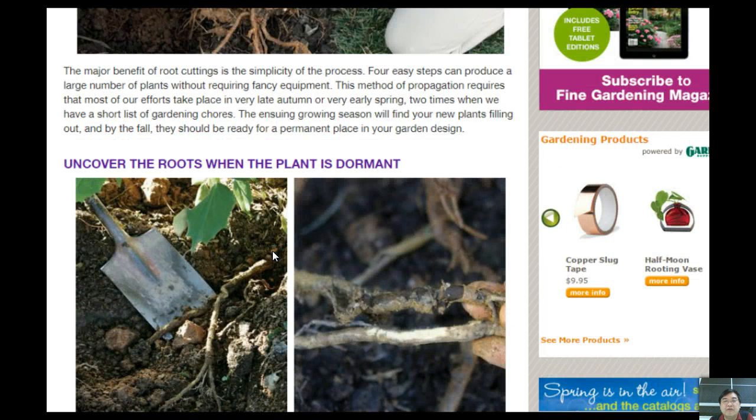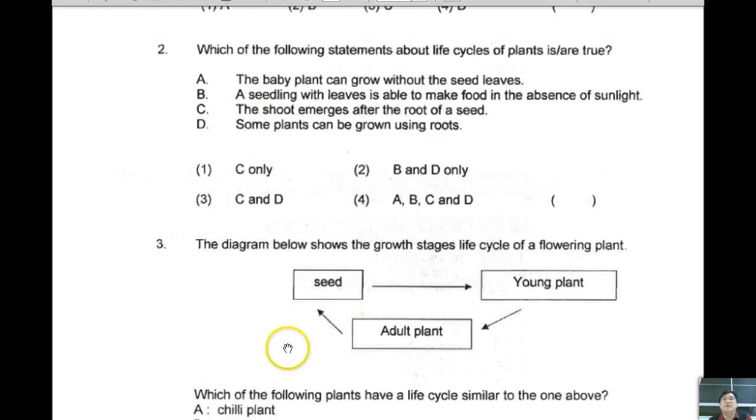Okay, so that is true. So D is correct, and C is correct. Leaves the answer 3. Let's carry on next.